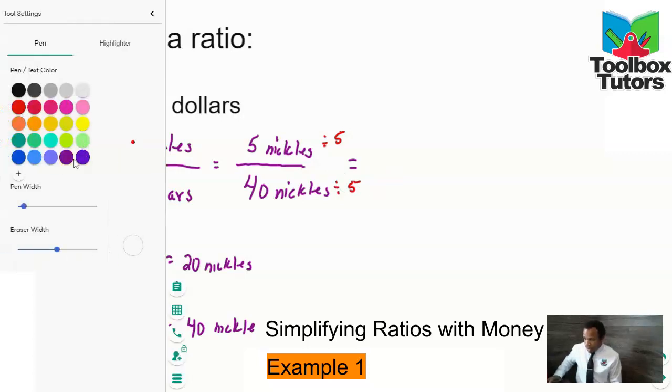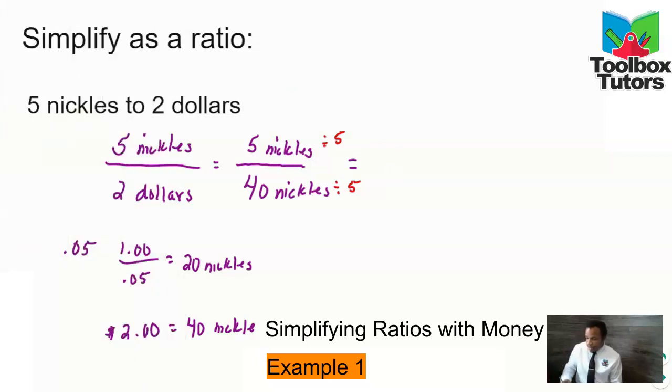So now once we divide by 5, 5 divided by 5 gives you 1 nickel, and 40 divided by 5 gives you 8 nickels.